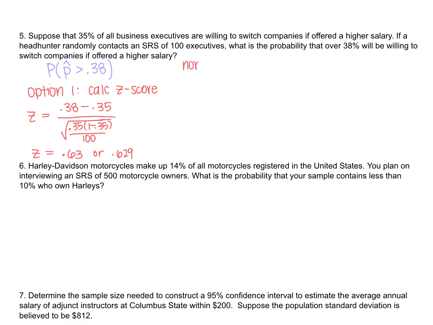And then for normal CDF, our lower bound is our z-score, 0.63, upper bound 1E99, mean of 0, standard deviation of 1. And we're going to get 0.2643.